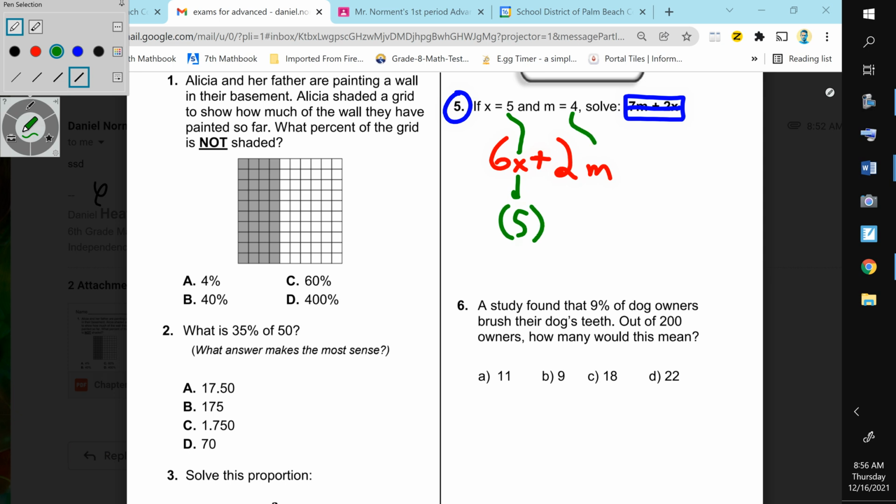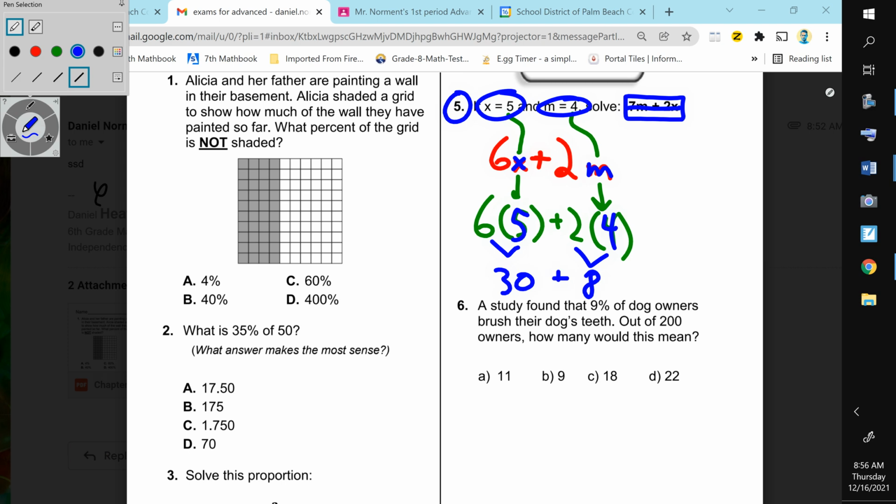You're going to take 4 and put it for m. And then you're going to put the 2 there, and the 6 there, and the plus there. So I substituted this for x, and I substituted this for m. And you see how I got the 5? I just plugged it in place. Now, since they're side by side, I can multiply. And 2 times 4 is 8. And then I add to get 38.